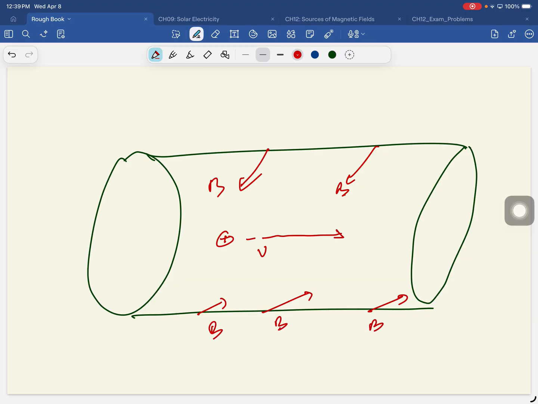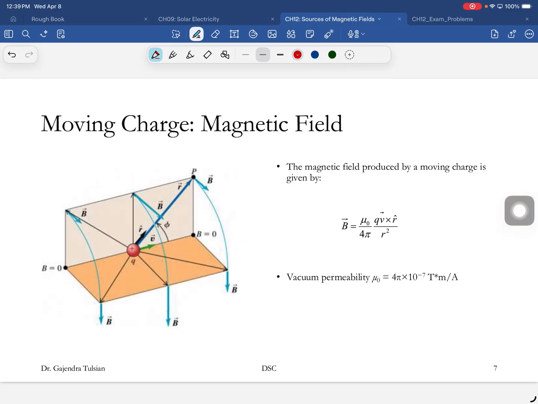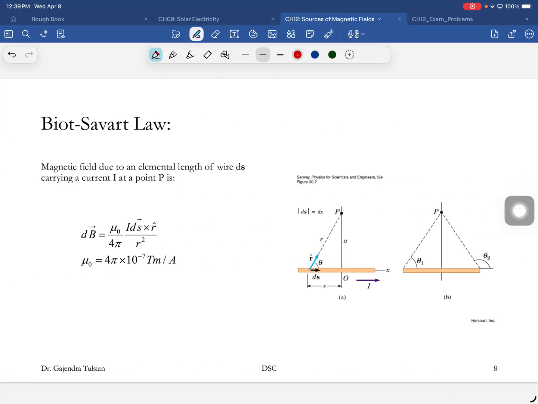So stick your thumb out in the direction of the axis of the cylinder, use your right hand, and your fingers point in the direction of the magnetic field. And that's the basis: moving charges producing magnetic fields. Now, if you have a current, what is a current?